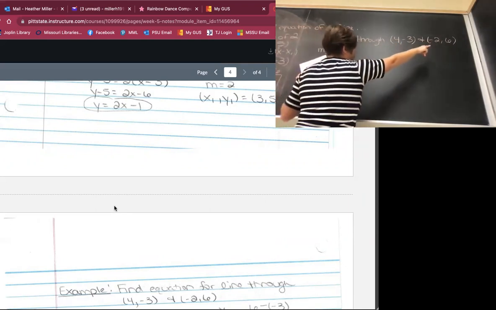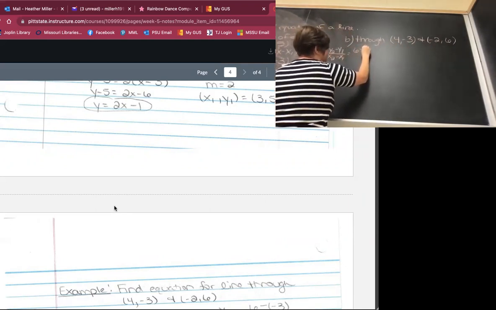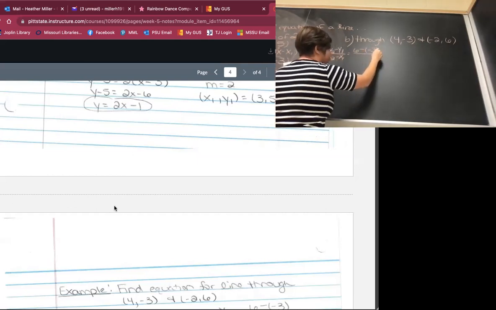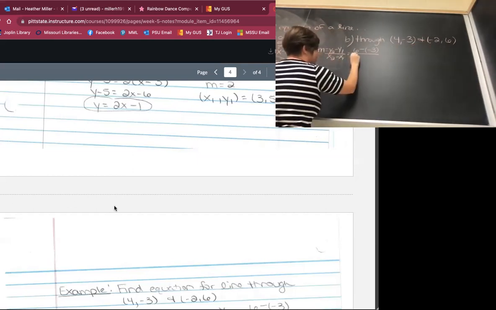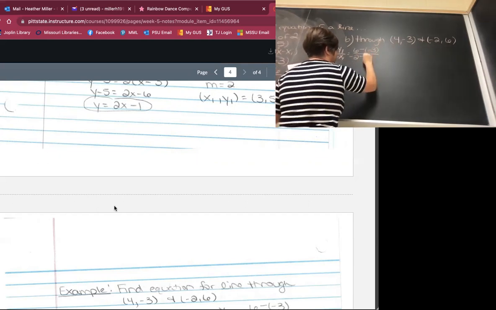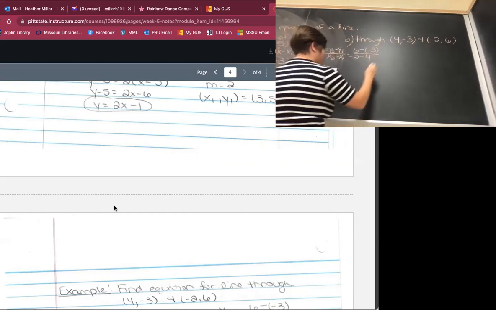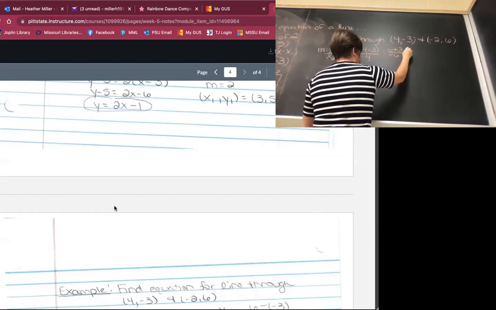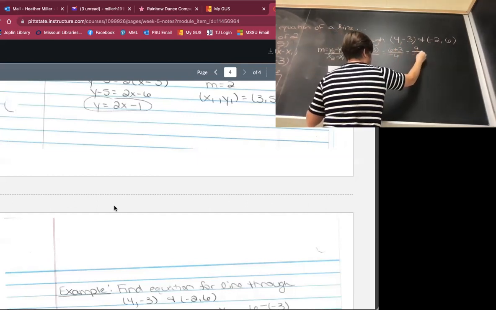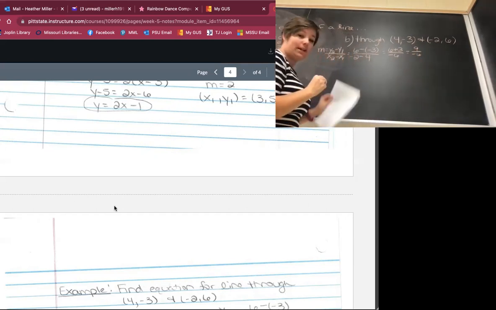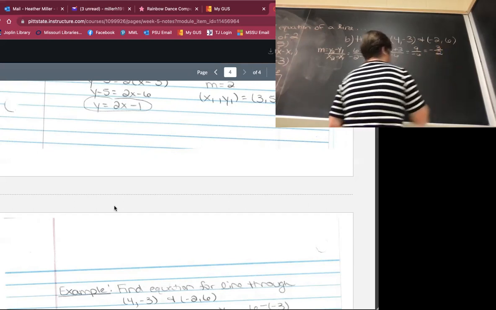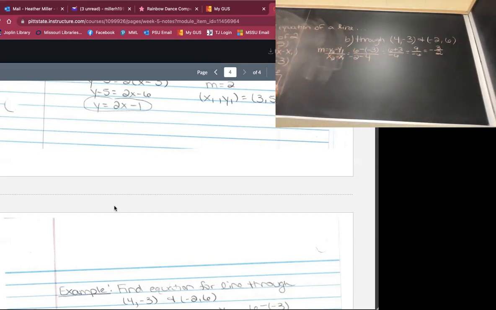So y2 would be 6 minus my y1, which is -3, all over x2, which is -2, minus my x1, which is 4. That's 6 plus 3 all over -6. It's 9 over -6. Both of those have a 3 in common, so I'm going to simplify that. So that's -3 over 2. So there's my slope. My slope is -3/2.